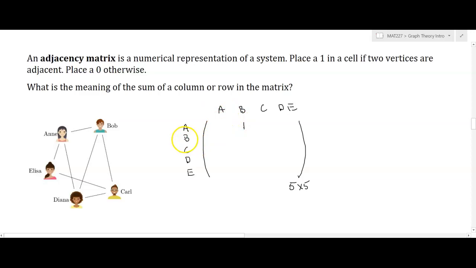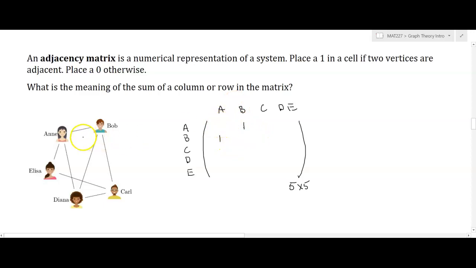And also, Bob and Anne, I'll place a 1 here as well because that's the same connection, so there are going to be some redundancies. This would be really handy if you had a directed graph where, let's say, Anne shared information with Bob, but Bob did not share information with Anne, and we could have a 1 in one place and a 0 in the other. But we're not dealing with those right now, so here we go.